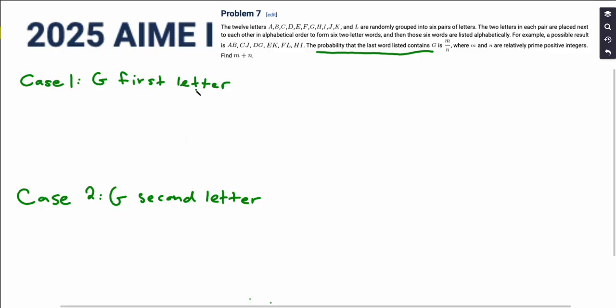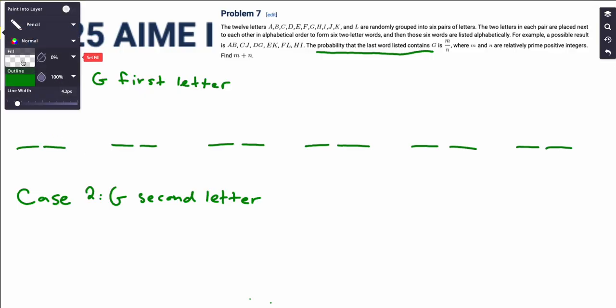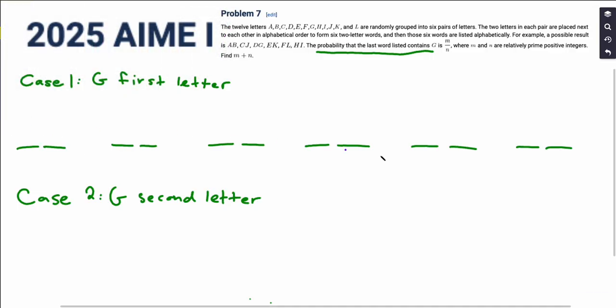Let's consider the case when G is the first letter. If G is the first letter of the last word, then each of these blanks right here, 1, 2, 3, 4, 5, have to be occupied with 5 letters from A, B, C, D, E, or F, since these need to be listed alphabetically.